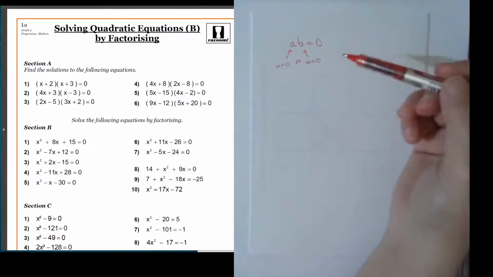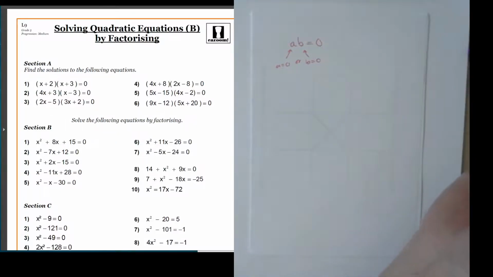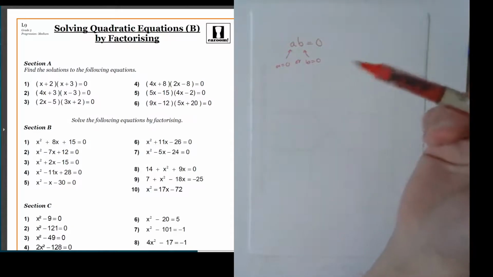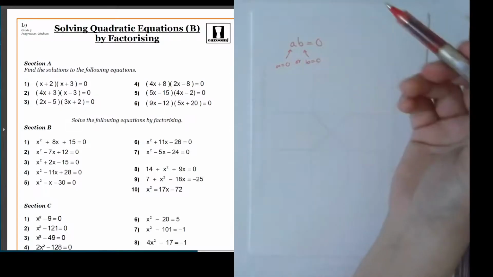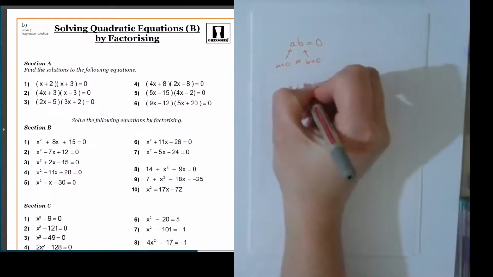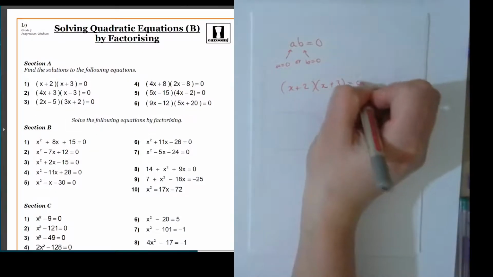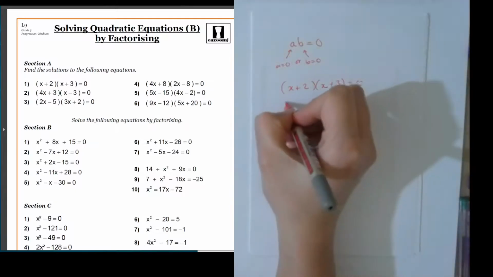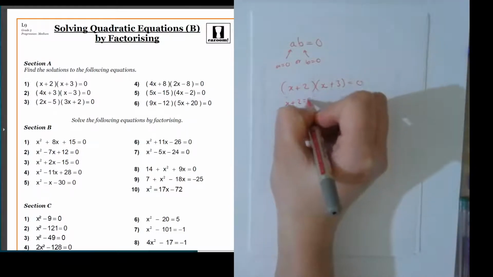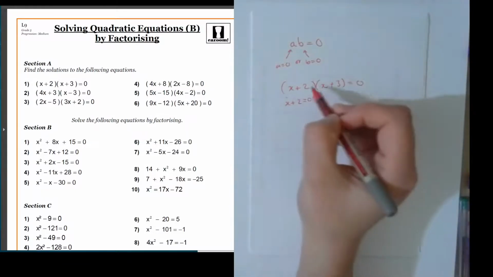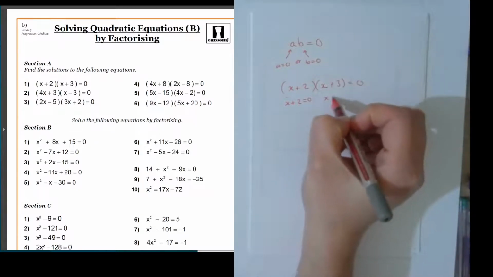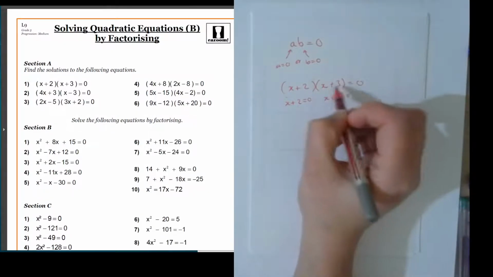We use the same for solving quadratic equations with factorizing. That's all you do, you use that same methodology. So if I said x plus 2 times x plus 3 equals 0, then I would say, well, this part needs to equal 0 because that's my a, or this part needs to equal 0 because that's my b.